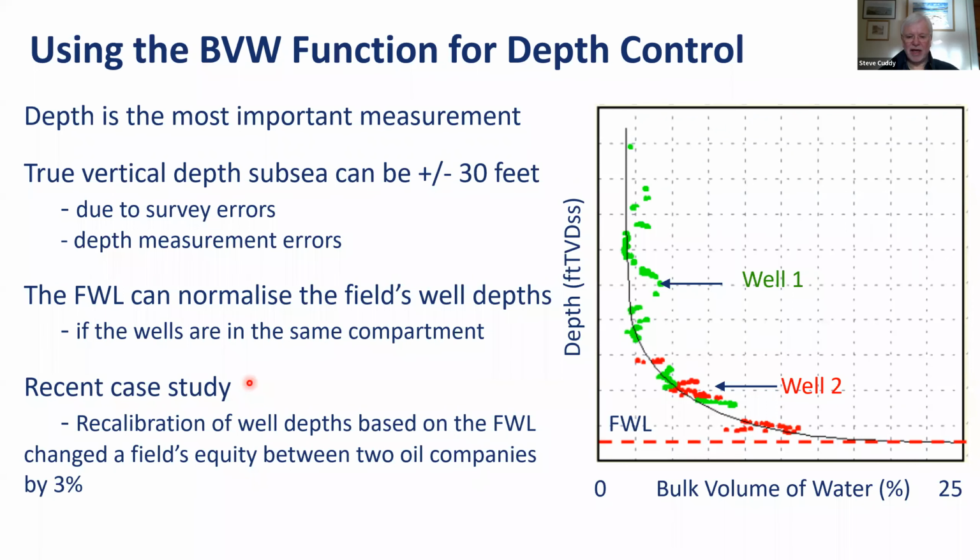We found that the free water levels were out by several feet between the wells. We believed the wells were in the same compartment and recalibrated these depths to the satisfaction of the experts. And the field's equity moved between the two companies by 3%, which is significant for a $1 billion field.